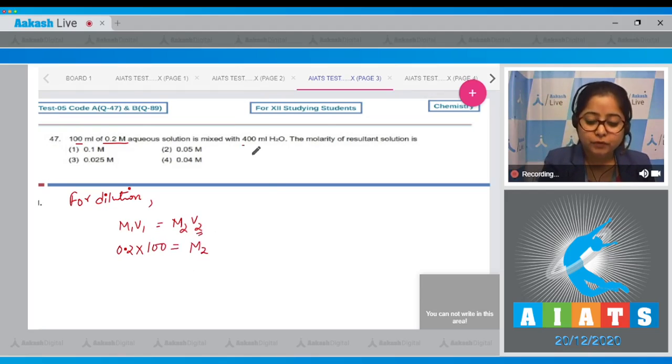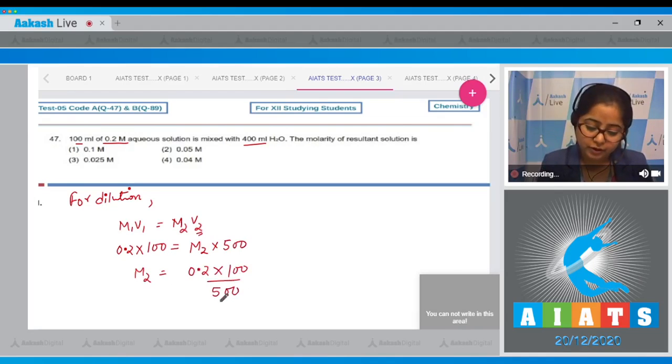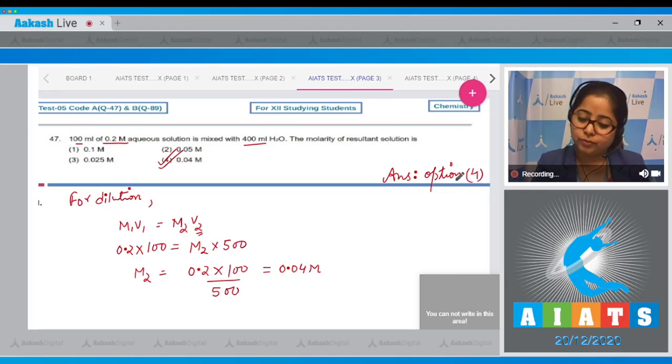Final volume will be 400 plus 100, that will be equals to 500 ml. So M2 is equals to 0.2 upon 500, which is equals to 0.04 molar. That means the correct answer is option number 4. So here I'm writing answer is option number 4.